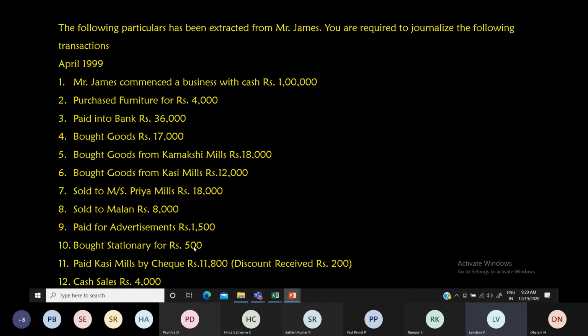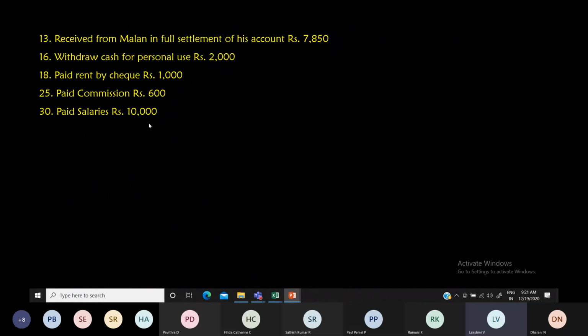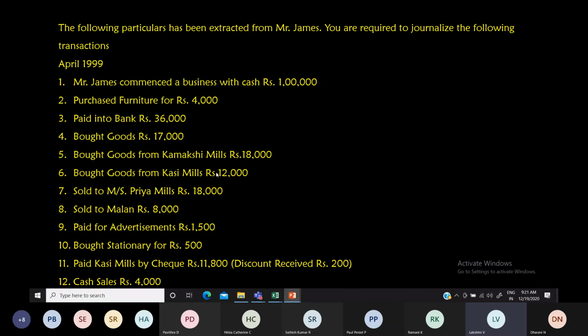So what I am saying is that whenever there is a full settlement of a particular person's account, if you have received from that person in full settlement or paid to that person in full settlement, you have to go through the previous transactions right from the beginning.